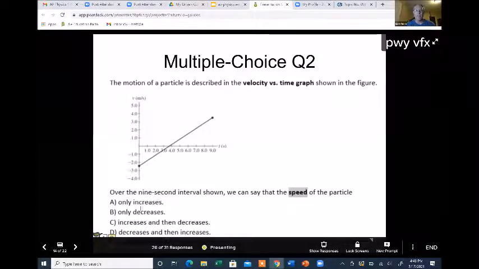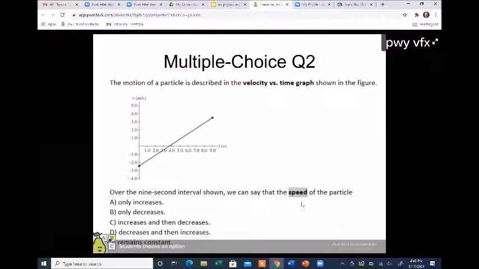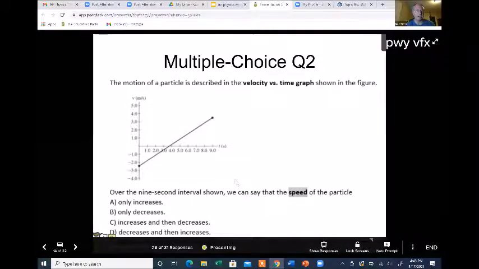But I cautioned you to pay attention to this word, speed. Acceleration's a change in what? Velocity. And what matters in velocity that doesn't matter in speed? Direction. That's going to come back to bite those of you who said A right here.